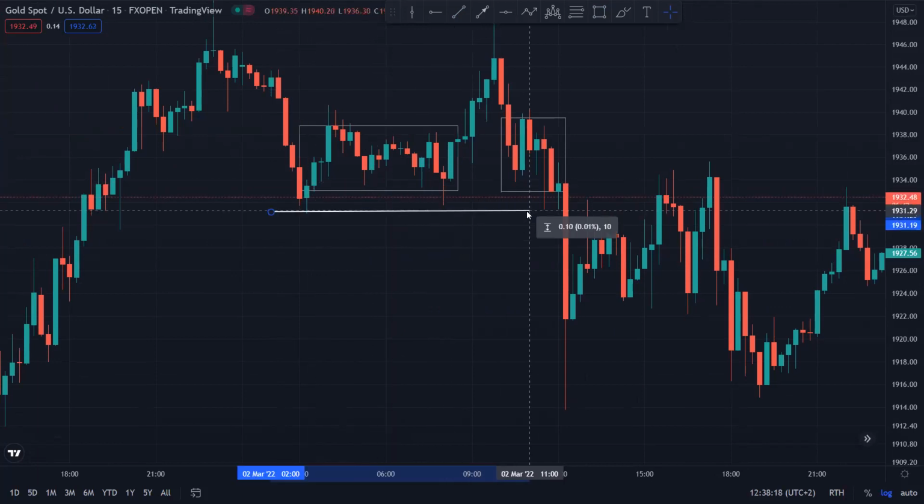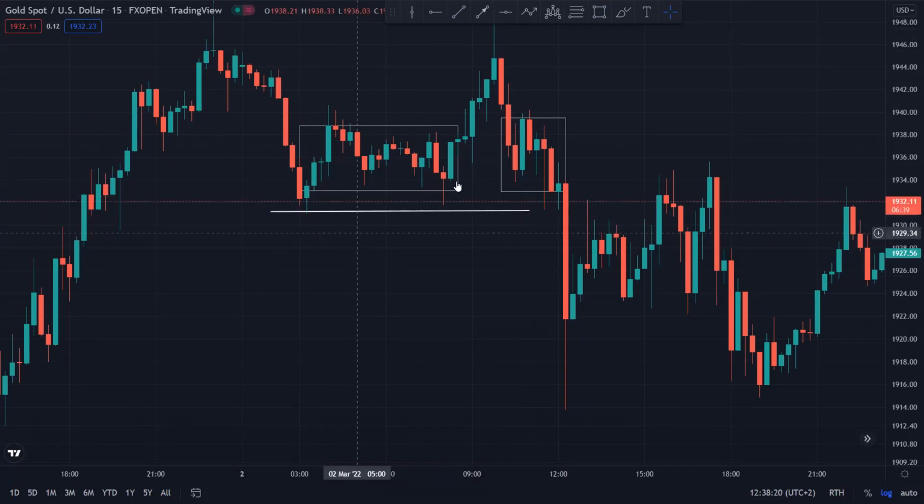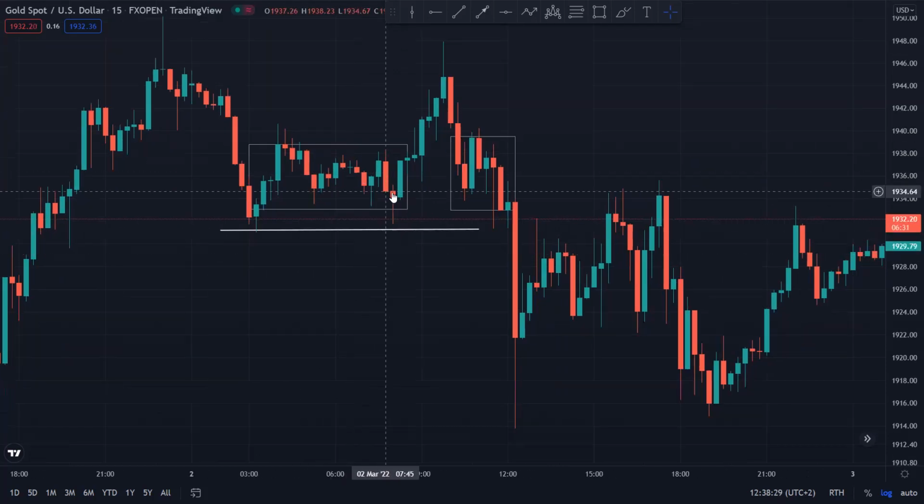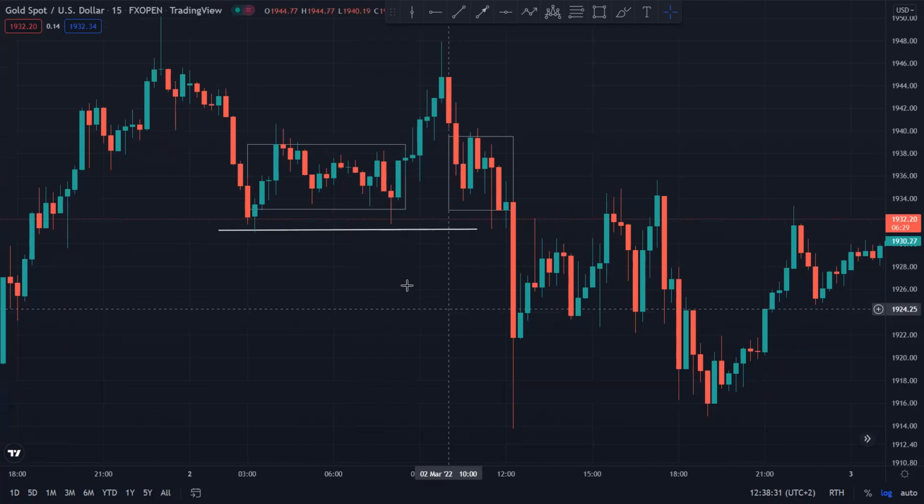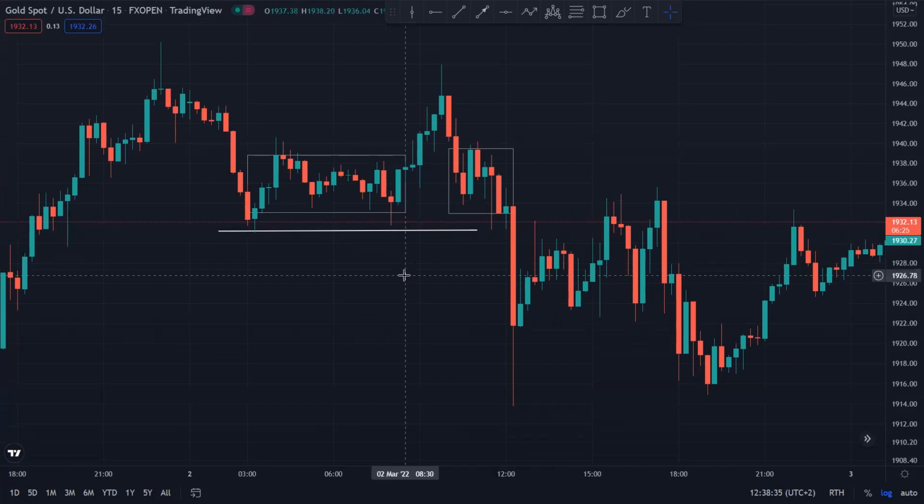So these guys could come, reach here, fail. The only way they managed to reach here was when the market dropped. So again, they tried to reach, they failed. And now finally, they needed to break below the structure. So what did they do? They used the bearish order block.